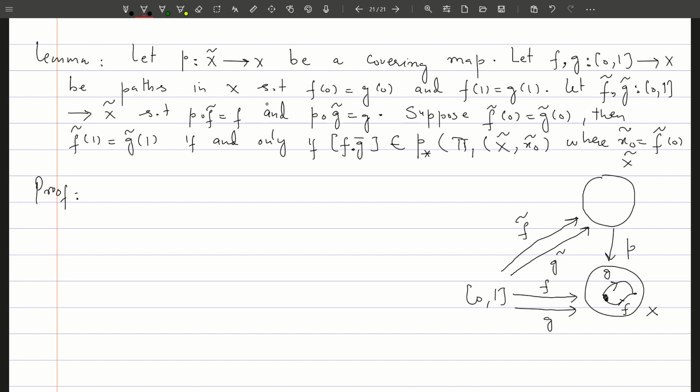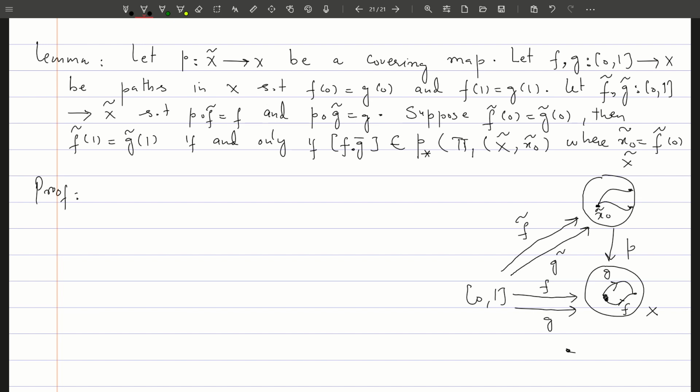So first of all, these f tilde and g tilde agree at the initial point, and we call this initial point x naught tilde. Now we have to prove these two end points agree if and only if the loop is in the image.